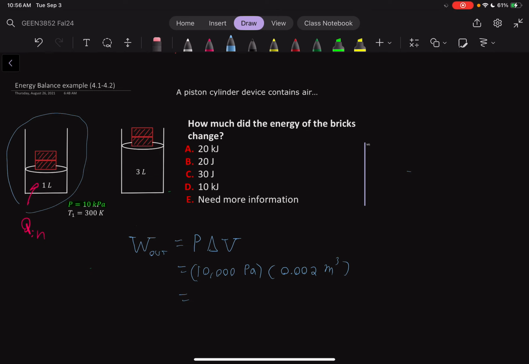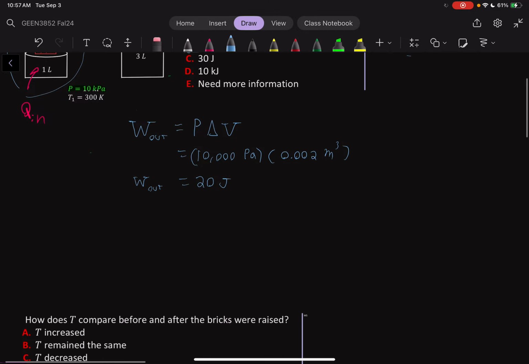So the work output from this device is going to be equal to 20 joules. That's my work output. So I could solve that part of the problem. That's how much work went out of the device and into those bricks. It raised the potential energy of those bricks by 20 joules.